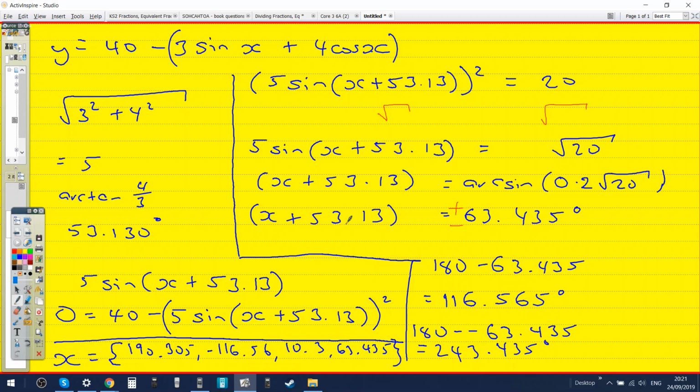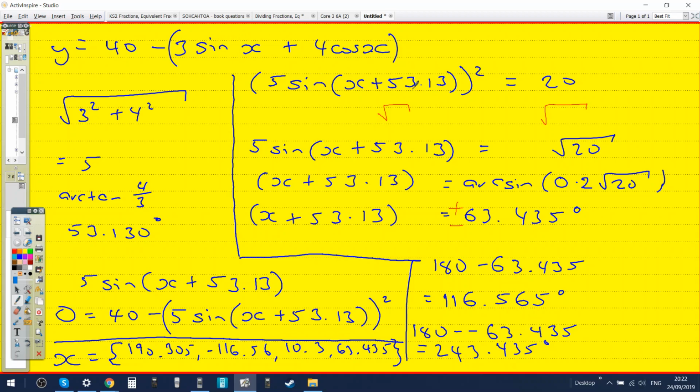Any questions about that? A lot, but that's more for my teacher because I've got no clue what they're trying to get me to do. So the problem is if they said solve x when y is 20, that's what you would do. Put it into the r sine x plus alpha form so you can solve it. So it's not a mixture of sine and cos.